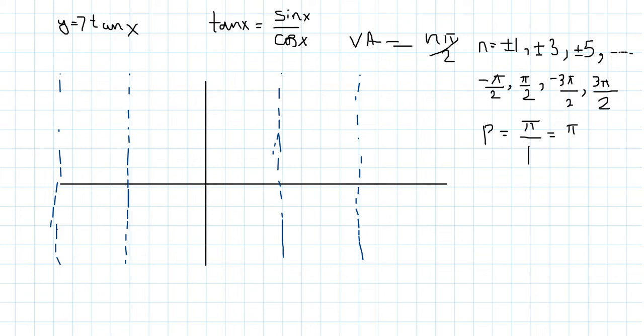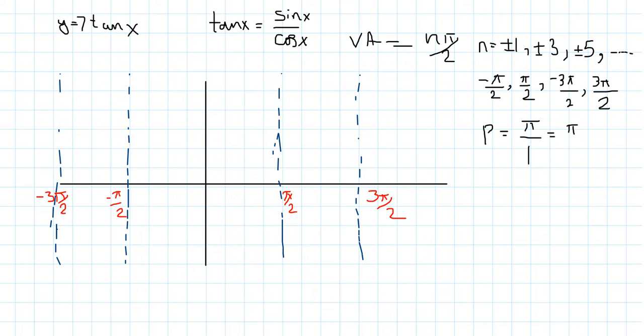So the shape of the graph, I know it is positive tan x. So the graph of positive tan x starts from up, goes to down, between the asymptotes. This asymptote is minus pi over 2. This is minus 3 pi over 2. This is pi over 2. This is 3 pi over 2.